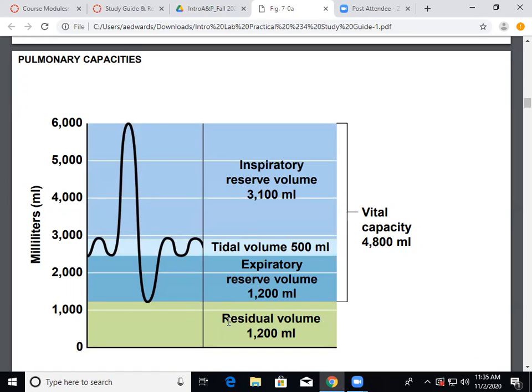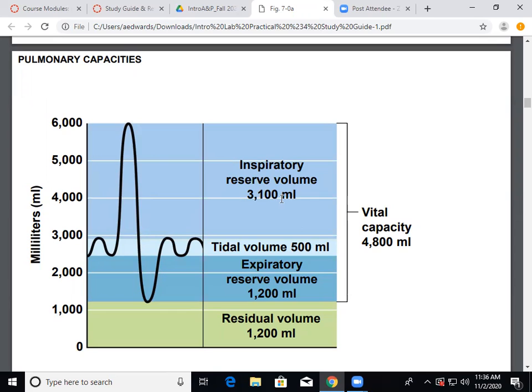The air that's left in your lungs, they don't completely collapse. You still have some air left after you push out as much as you can. That's your residual volume, the residue, what's left. Your vital capacity is the total amount of air you can bring in or push out.